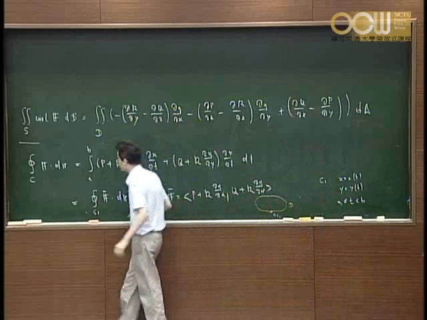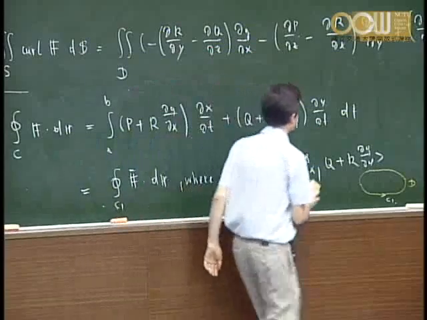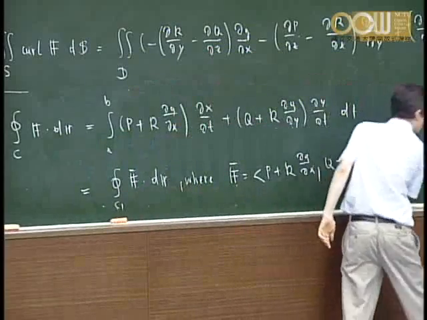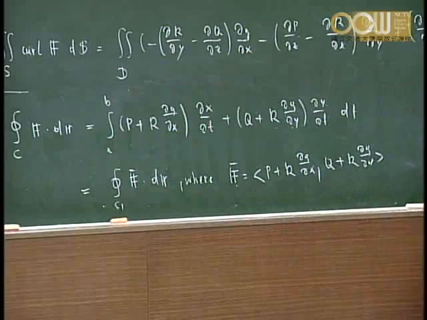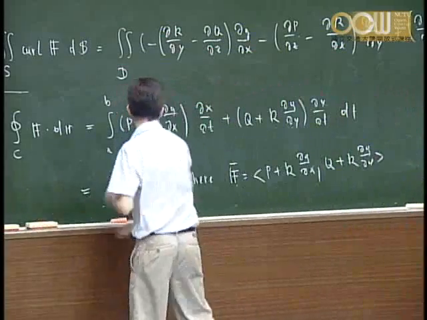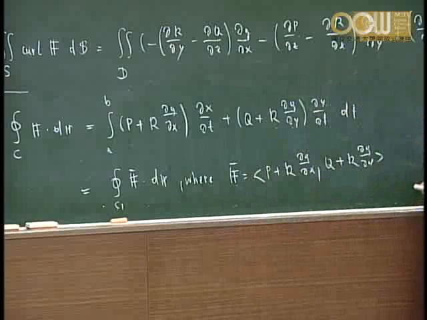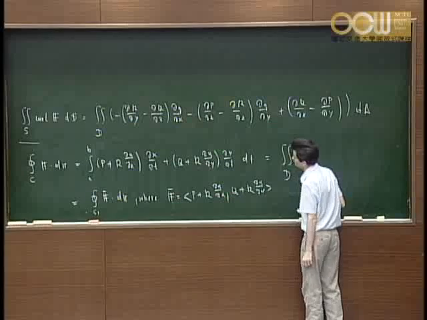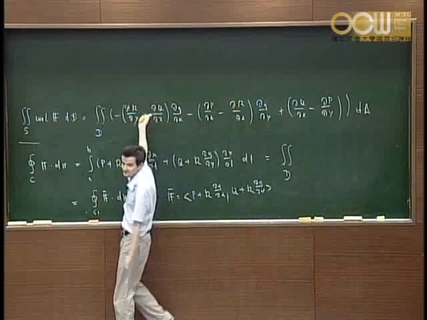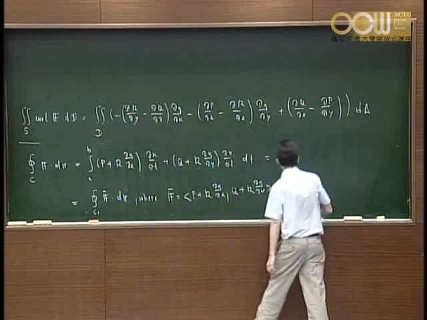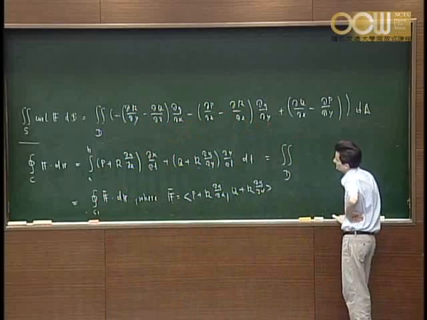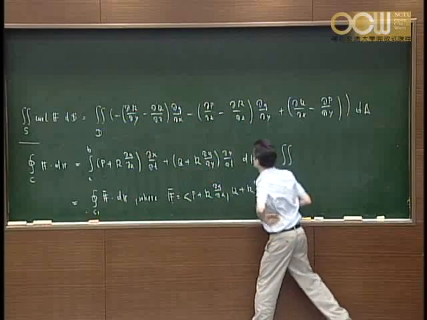So by Green's theorem, now I can erase this. By Green's theorem, this will be equal to the double integral over D. You see, I get something similar to this here.